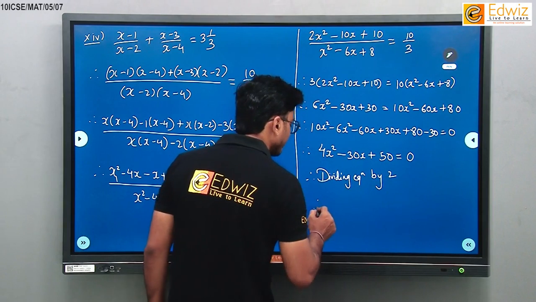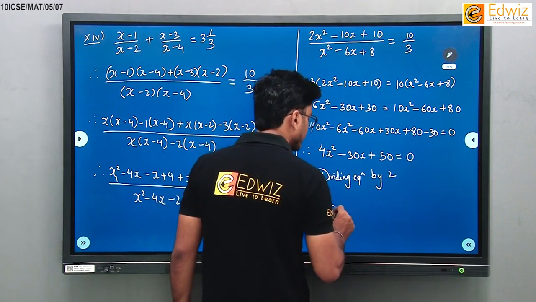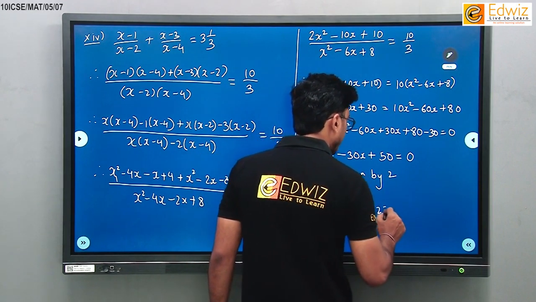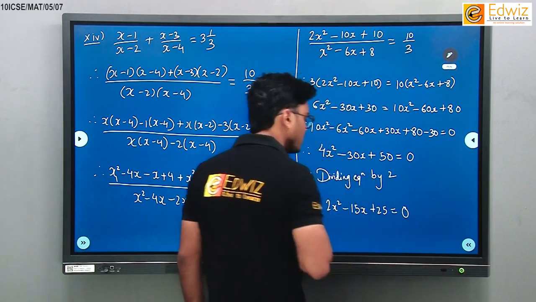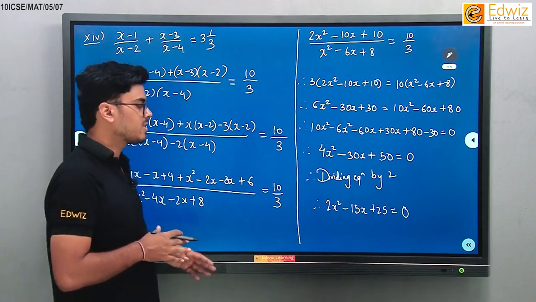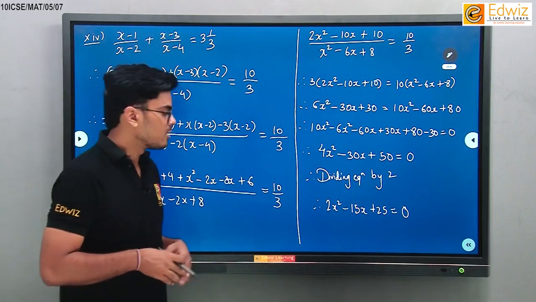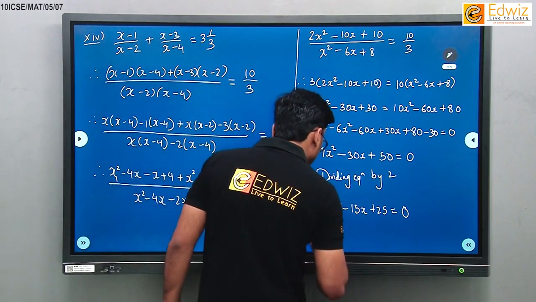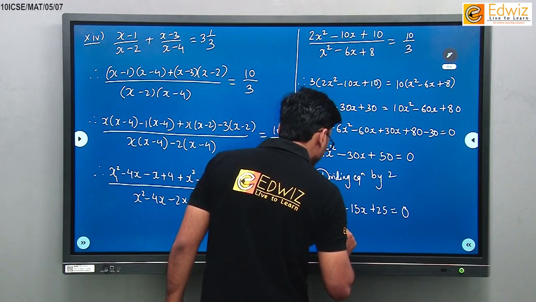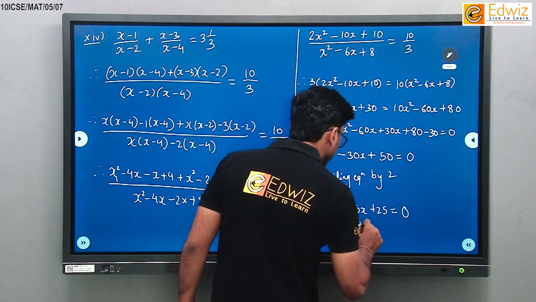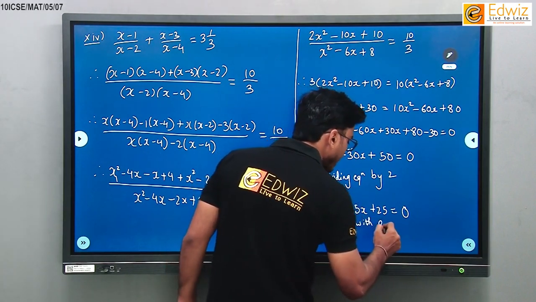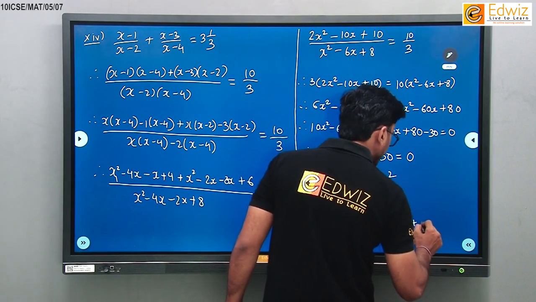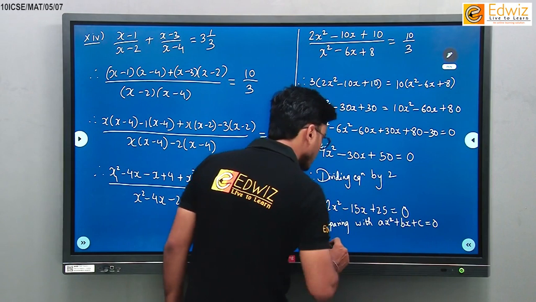The final equation that you get here is 2x square minus 15x plus 25 equal to 0. Correct? This is our equation which we will solve using the formula. So let us first find out A, B and C comparing with ax square plus bx plus c equal to 0.